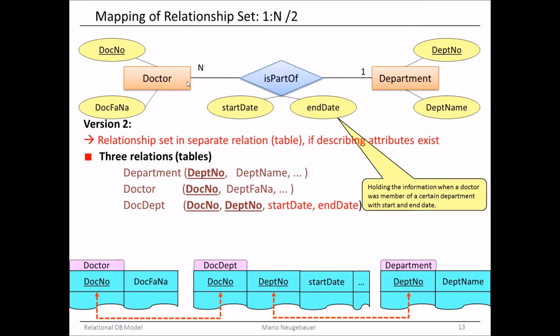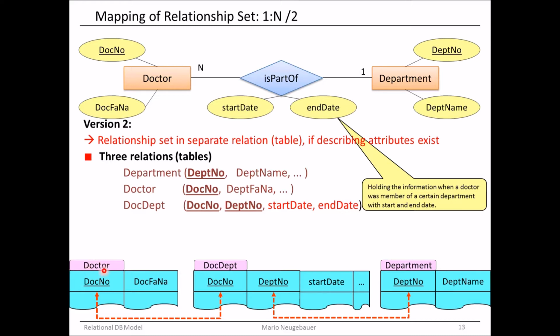And if we have this case, then we somehow have to deal with these attributes connected to the relationship set here, and we somehow have to map this relationship set with attributes onto our relational database model. And we do that by mapping first the entity sets to different tables.